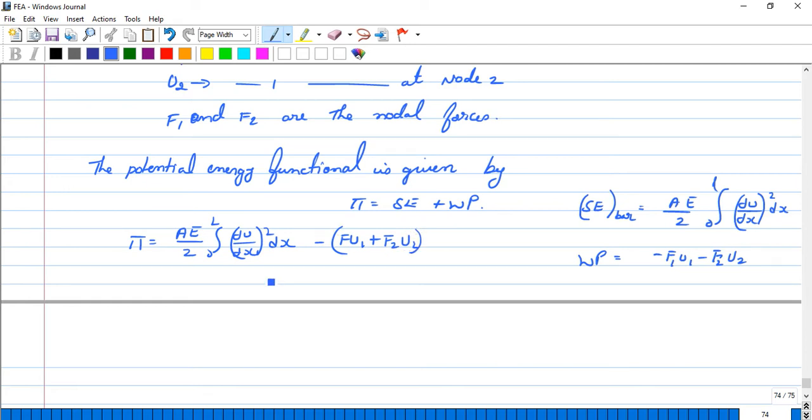Okay, so this represents the potential energy functional. So we already know this approach. The first step is clearly written.